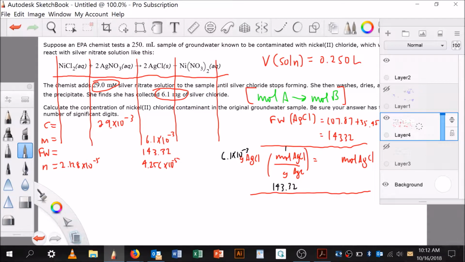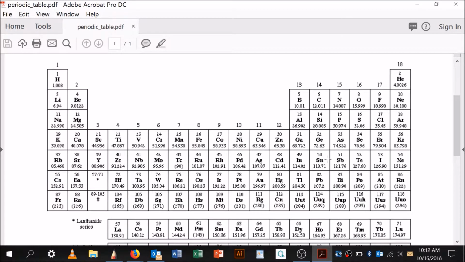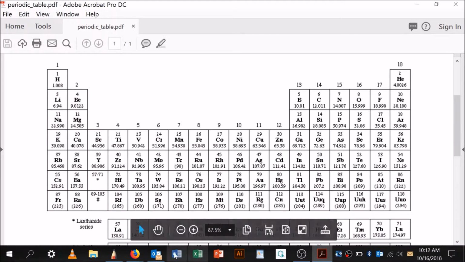So let's go to formula weight again. And it was nickel 2 chloride. So nickel is 58.693.